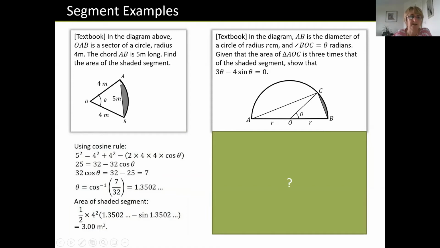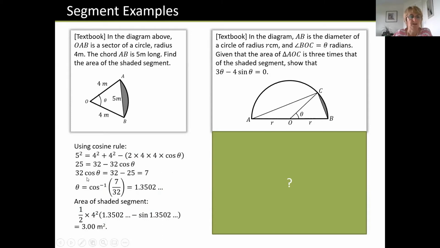So in the cosine rule in this triangle, 5 squared, so that's our a squared, is equal to b squared plus c squared minus 2bc cos theta. Putting in the values there, 25 is equal to 32 minus 32 cos theta. That is 4 squared plus 4 squared is 32. Okay. Take the 32 cos theta to this side, take the 25 to that side.